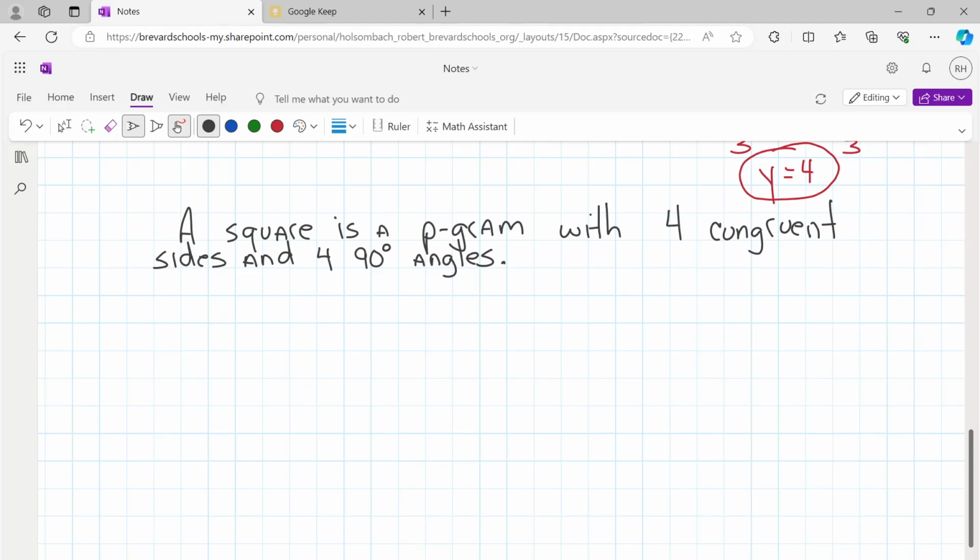All congruent sides, all 90-degree angles. And we can draw a diagram if you need, but I think by this stage of your geometry career, everybody knows what a square looks like.